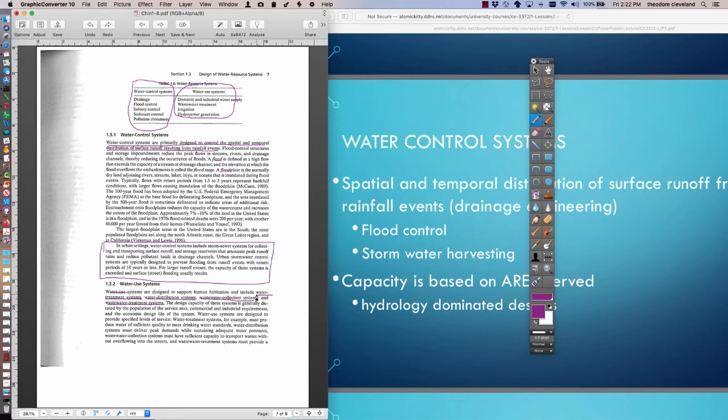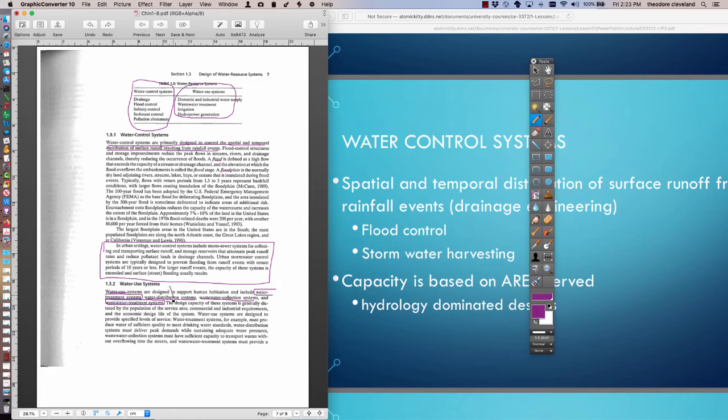In this class, we won't spend much, if any, time on water treatment or wastewater treatment, other than they will be a source point or a sink point for our other components of water systems. That's because these are covered in other courses that are required in the environmental engineering courses. You'll get more direct information on these too.